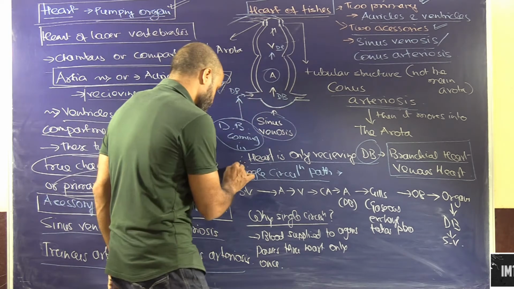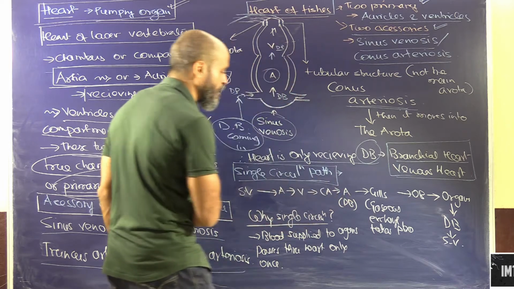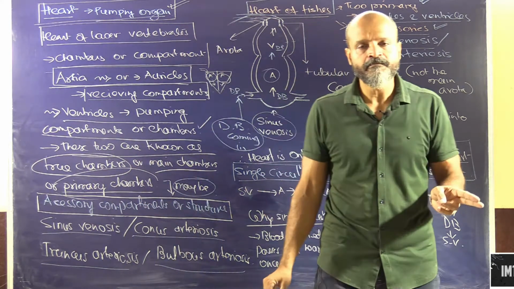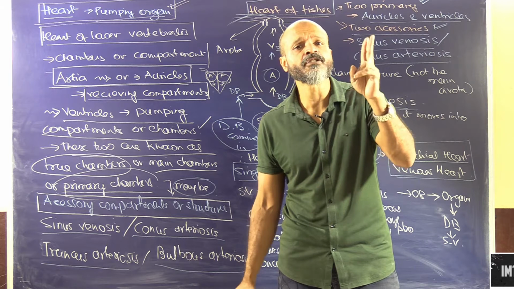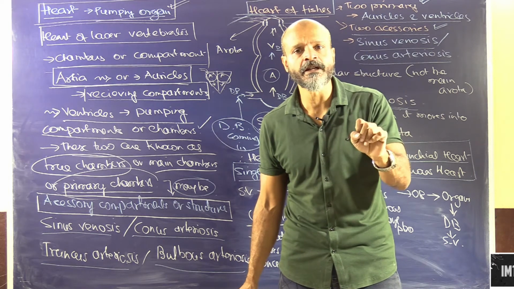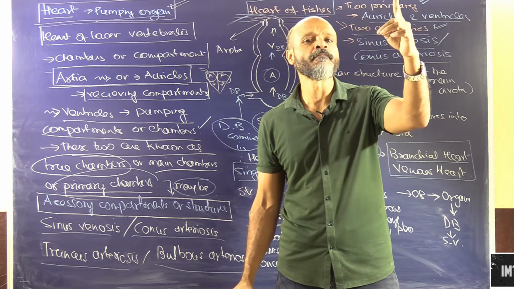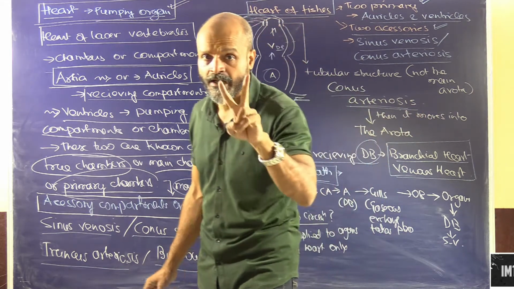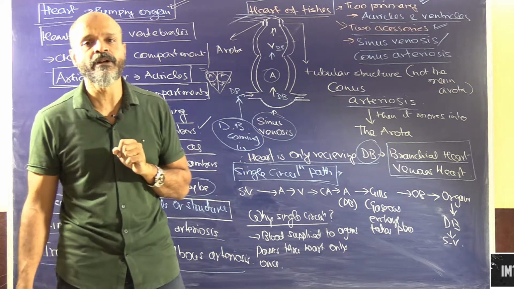This is the reason why it is known as single circulation path. See, understand this. In humans, blood enters the heart twice. Once the deoxygenated blood is pumped into the lungs, and again the oxygenated blood from the lungs enters the heart. So that's the reason it is called double circulatory system.